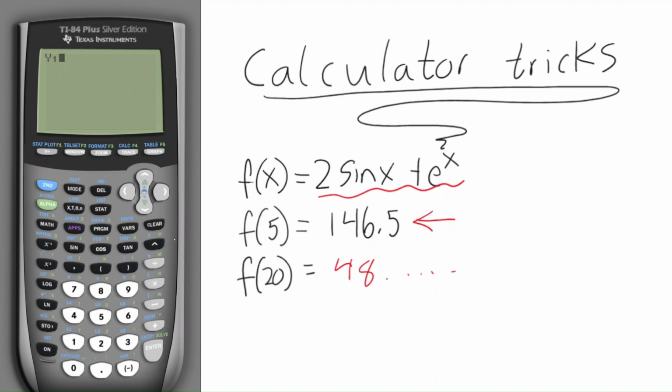And then we can just do, just like function notation, y1 of, and then type in whatever number we want, say 5. So y1 of 5 is 146. And if I did vars, yvars function y1 of 20, I can do that as well. So whatever you want to plug in, this is another good way to do it. I think my preference is the second way. However, I will do all three of these based on whatever I feel like or what is handy.